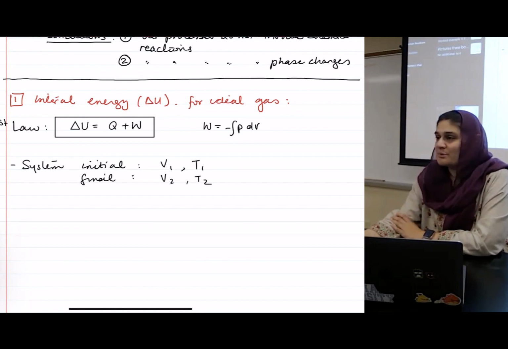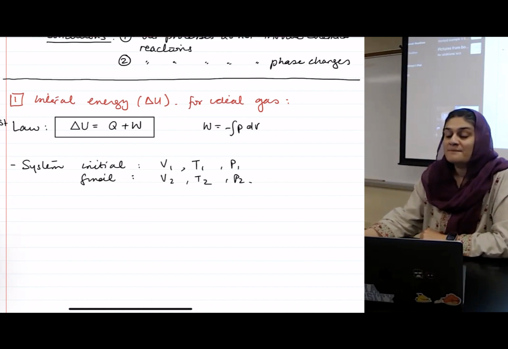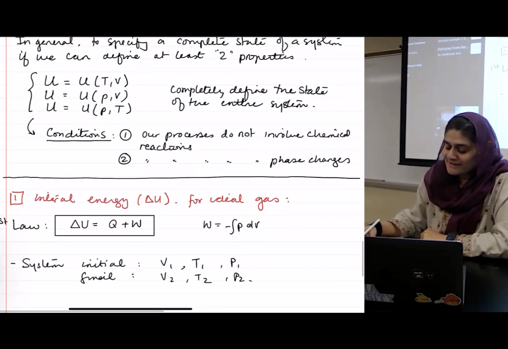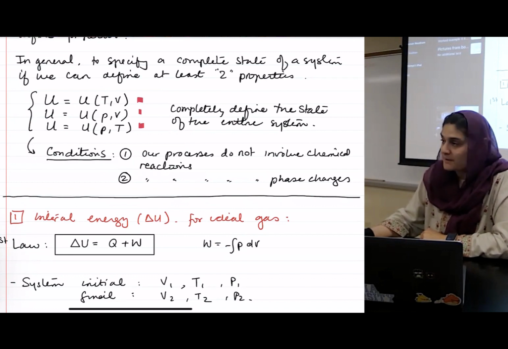Of course, there should also be P1 and P2. Okay, now remember I said I could take any of these and it would work. So suppose I do the first one.